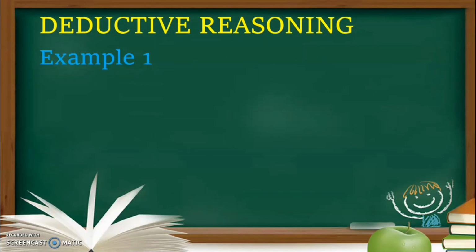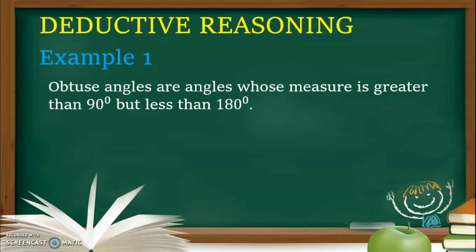So, example natin sa deductive reasoning. Obtuse angles are angles whose measure is greater than 90 but less than 180. Ito yung general rule or ito yung definition ng obtuse angles, di ba?